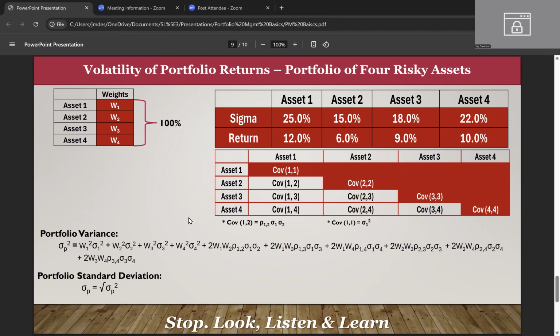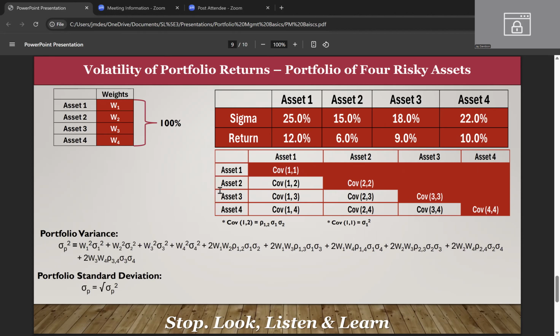Okay, so you can see this portfolio variance here. Now you can see this formula is substantially longer than the first one that we looked at, right? And the reason for that is this. If you look at this variance covariance matrix, the first one we looked at had only two assets. Well, this one we have four assets.